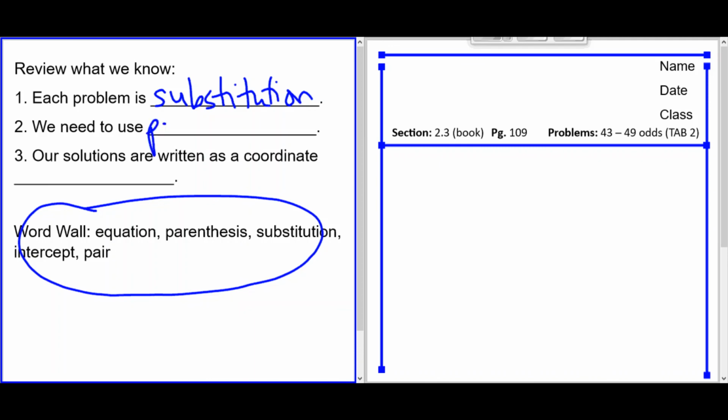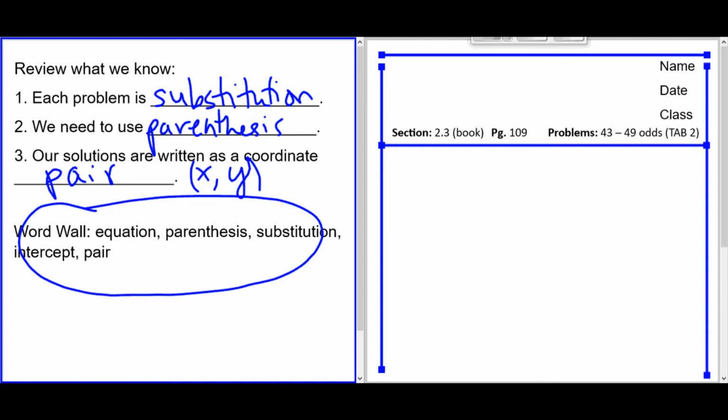We needed to use parentheses when we substituted our value in. Our solutions are written as a coordinate pair. So this is where we had the x comma y. So that's how we write our solutions.